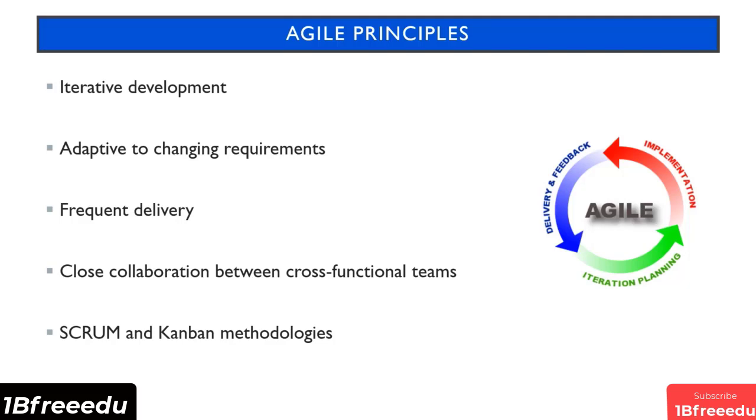The goal is to keep requirements and documentation lightweight and flexible, and this can only be achieved by ensuring close collaboration between team members, especially between business people and the developers. Now, there are many Agile methodologies, all of which follow these concepts to some extent. Jira supports two methodologies, Scrum and Kanban.